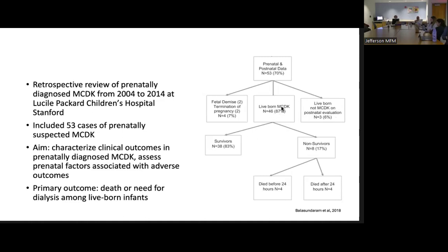Of the patients presumed to be MCDK prenatally and then confirmed postnatally, 83% survived and 17% didn't survive, and we'll get into these numbers a little bit more. 4 of those died before 24 hours, and 4 died after 24 hours.